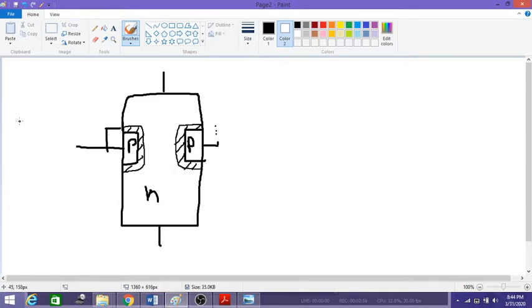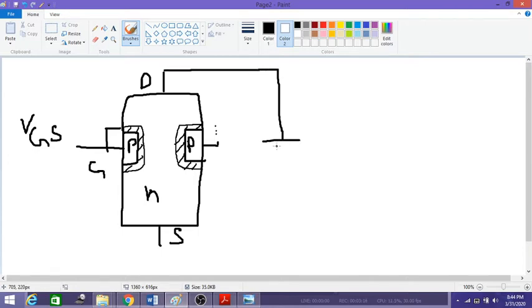Now let us understand the working of this. This is the drain, this is the source, and this is the gate. For an N-channel JFET, we connect a positive potential across the drain and a negative potential across the source, and for the time being we keep the gate voltage at 0 volts.